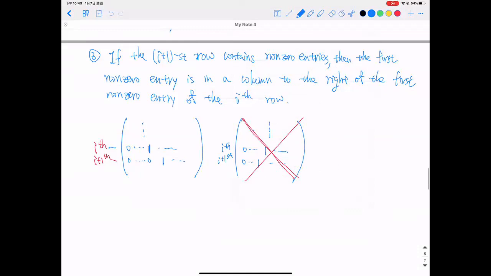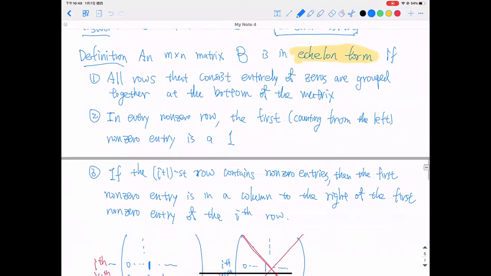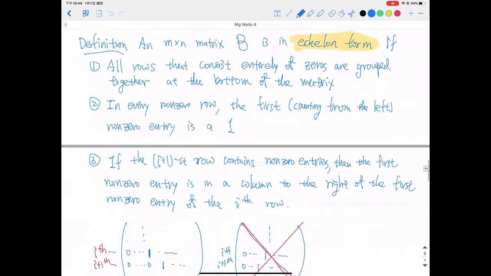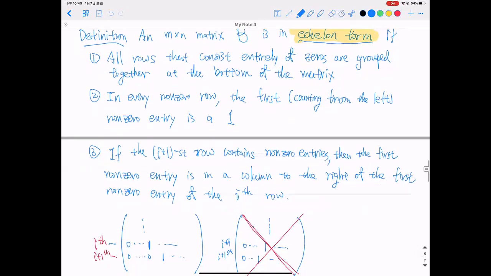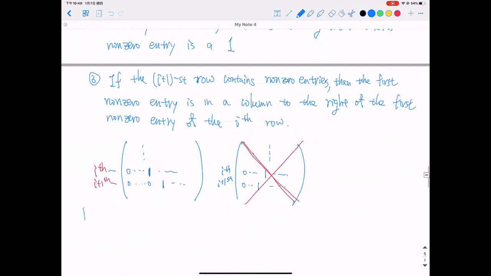And there's one more definition. This is the description of what we mean for an n by n matrix to be in echelon form. Now, it's an even more restrictive situation.